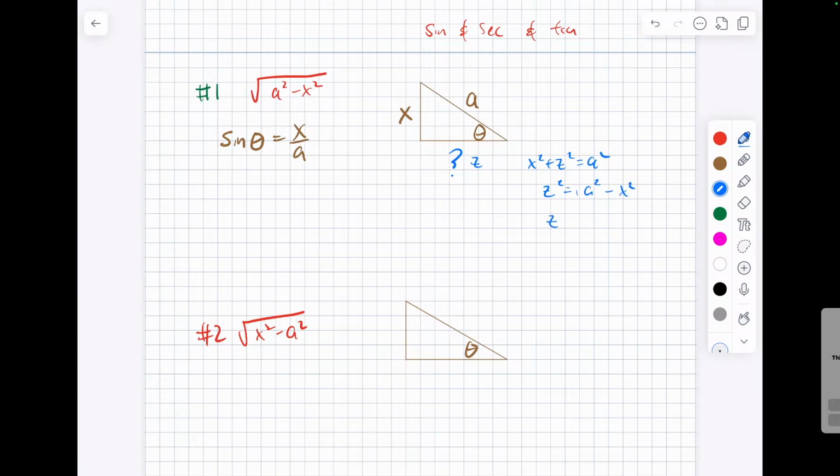So z is equal to the square root of a squared minus x squared. Therefore, this side has to be z, the square root of a squared minus x squared. So this is the type of thing.